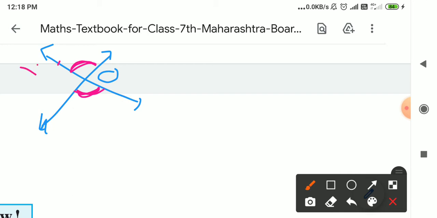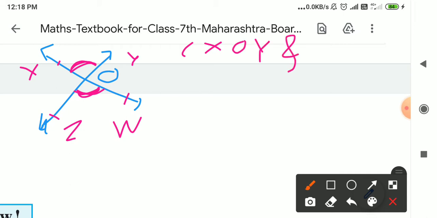Suppose I write here X, Y, Z, W. So angle XOY and another angle ZOW. See how I have written XOY and ZOW. These are the vertically opposite angles.